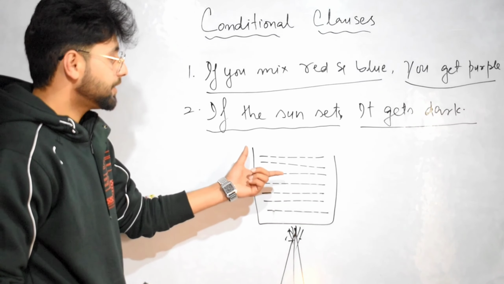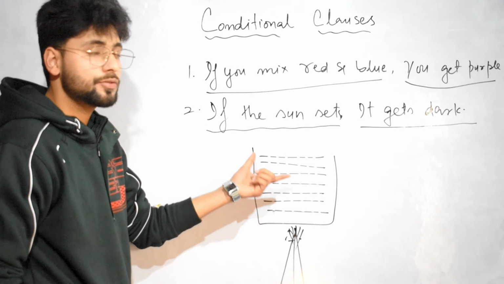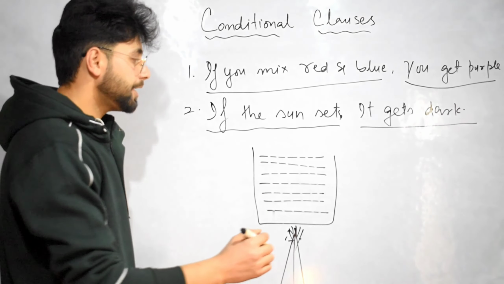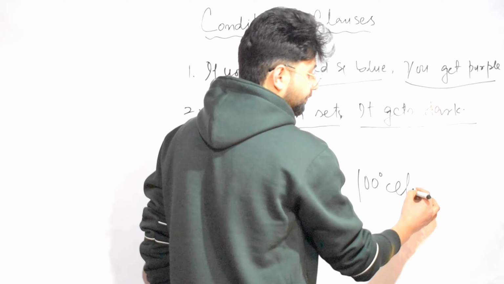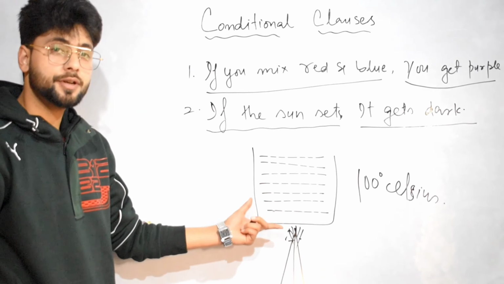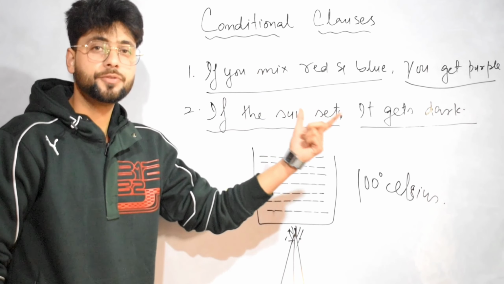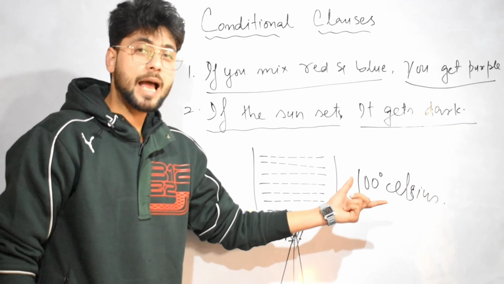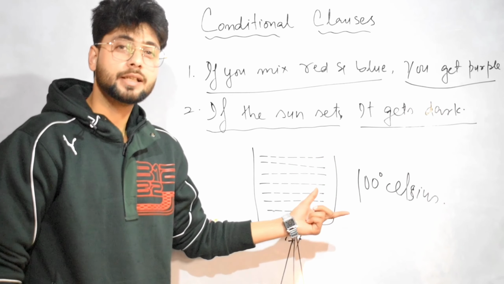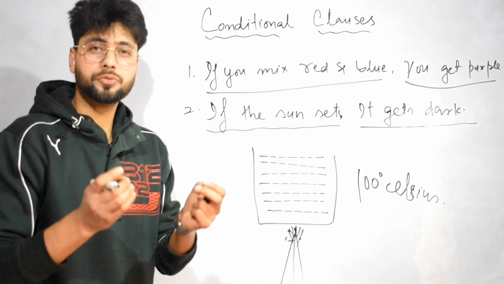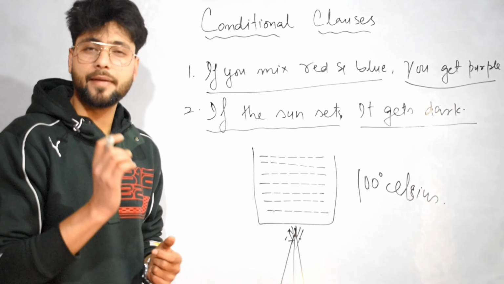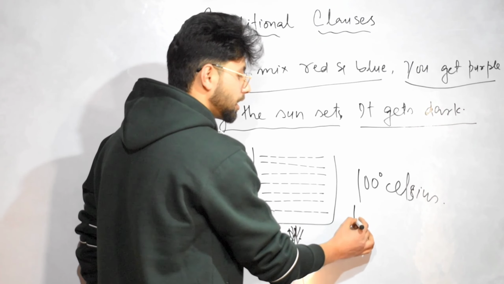And then the temperature of this beaker and water reaches 100 degrees Celsius. What will happen to this water then? It will start boiling. It's 100% true that it will boil. It's definitely gonna boil.